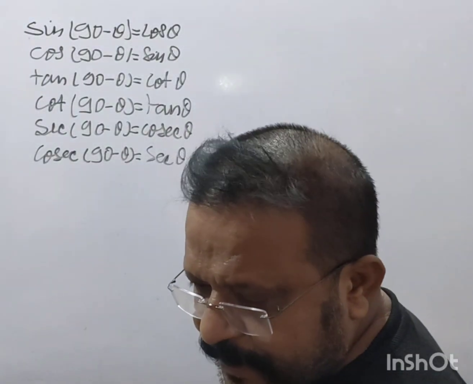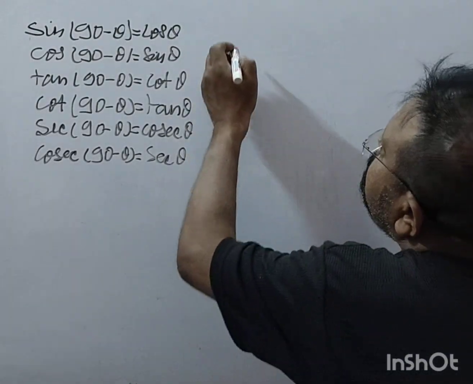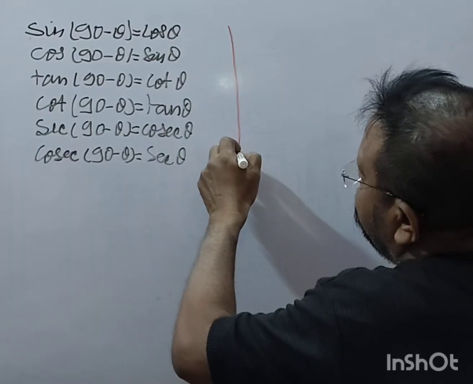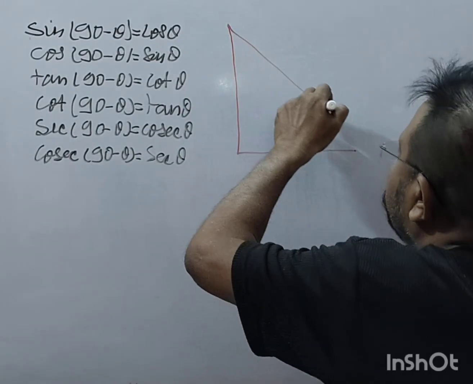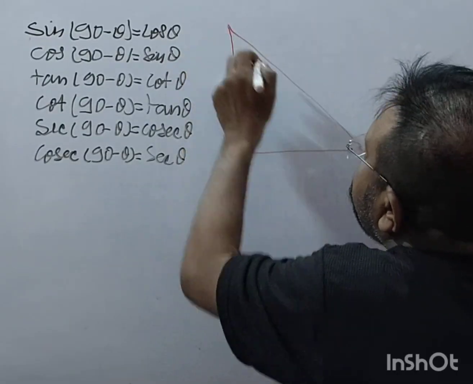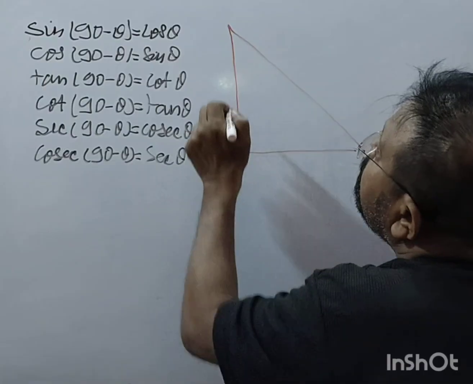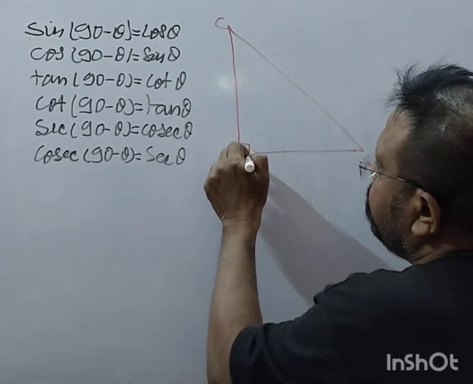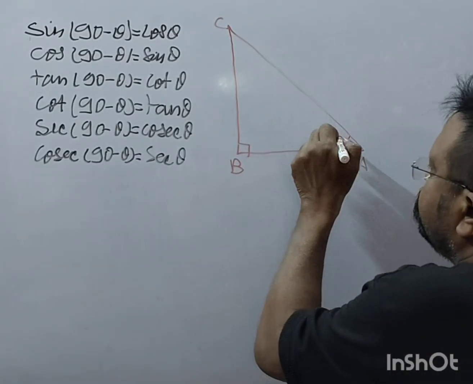One more thing is there. If this is a right angle triangle, this is A, B, and C. This is 90 degree. This is angle theta.